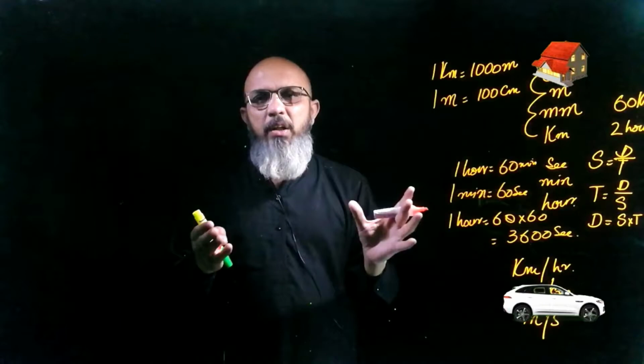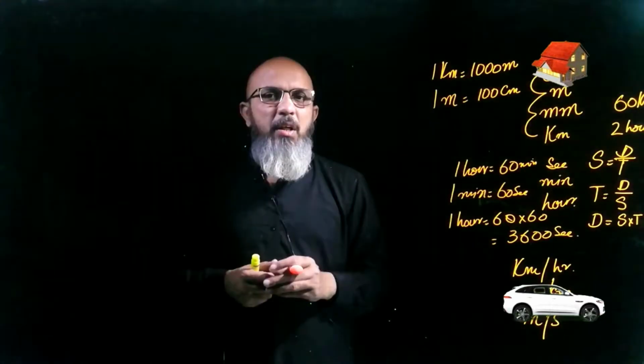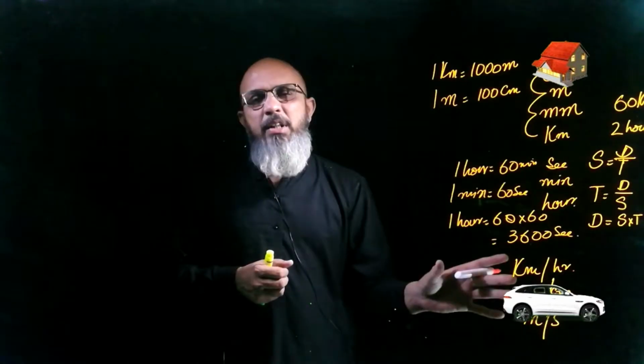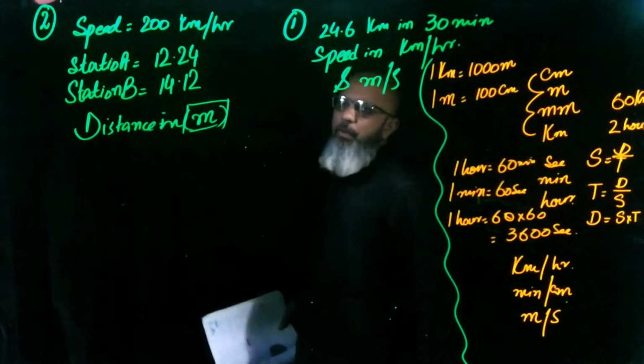So while calculating speed, you need time duration, not the time. So let's start our exercise questions. I hope you will understand these things and keep remembering them, and by practicing these questions you will remember these formulas. Now we will start our questions.